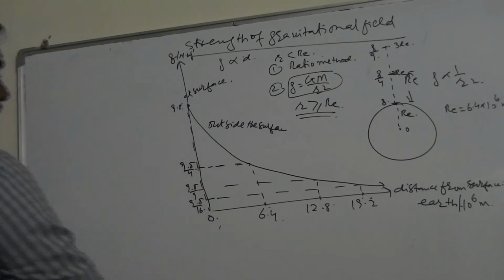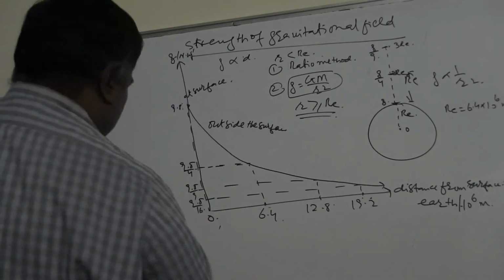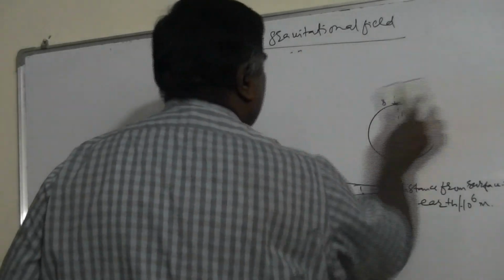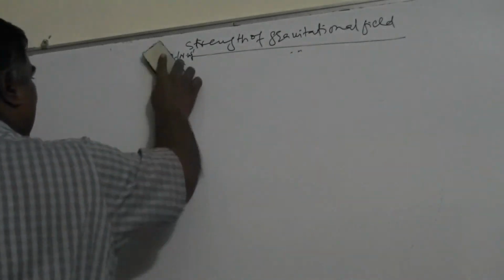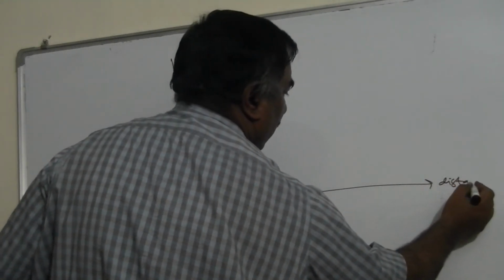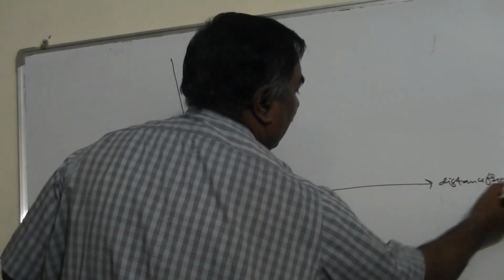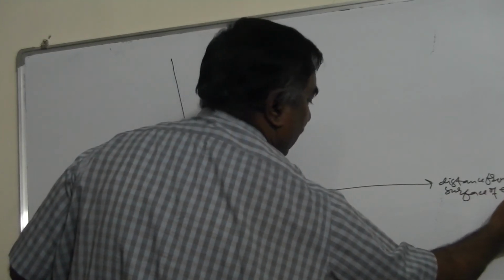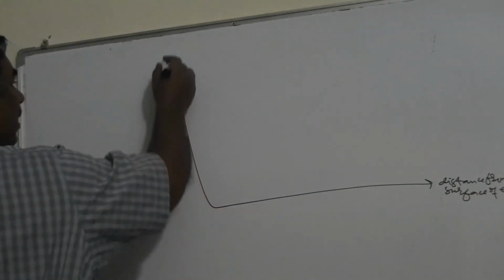In exact terms, these are the exact values, but suppose sometimes not exact terms, how will the values change. Suppose I take a graph of acceleration due to gravity, or strength of gravitational field, against distance from the surface of Earth. You can take any planet, but then it is not RE.